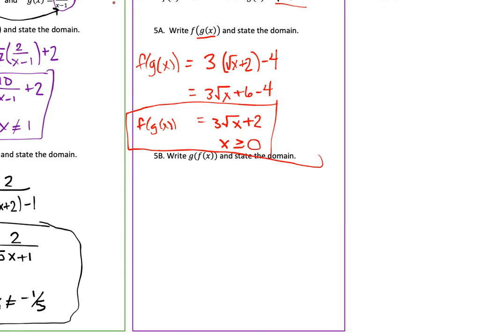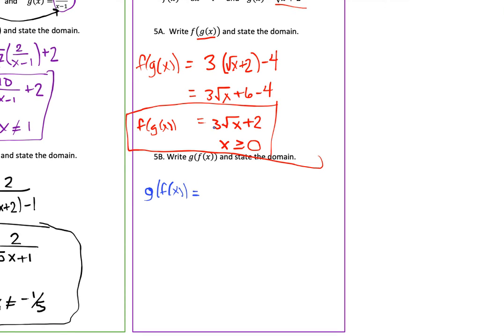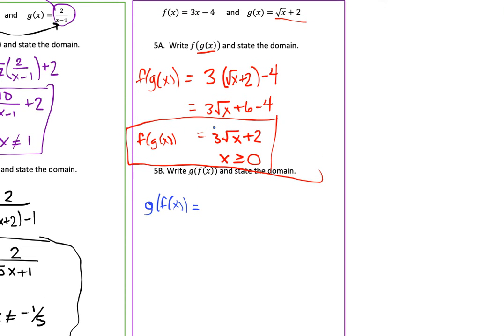Okay, one last one here. g of f of x means that I'm going to take the f function and put it inside of the g function. So I'm going to take this and put it in for the x right there.